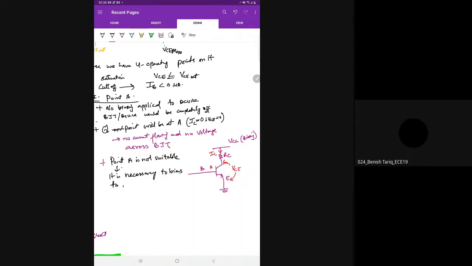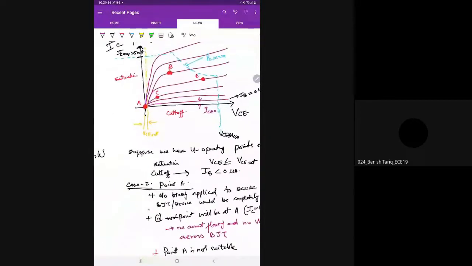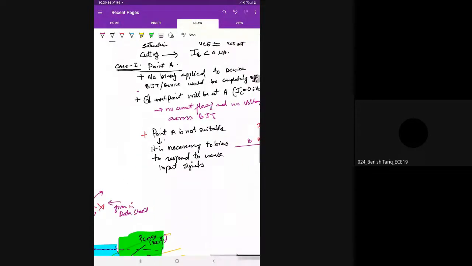In order to respond to weak input signals. जो कमजोर इनपुट सिग्नल्स हैं, 0.7 से कम हैं, उनको रेस्पॉन्ड करने के लिए, उनको डिटेक्ट करने के लिए बायसिंग तो जरूरी है. बायसिंग करनी बहुत अहम है. तो point A is not suitable in this curve. So what about point B? अब point B की बात करते हैं.